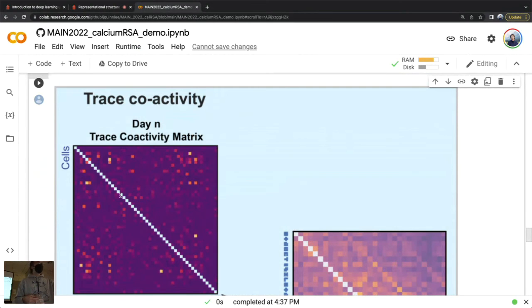So certain pairs of cells might have a very similar location or time at which they fire, and other pairs of cells would not be very related in their firing. So we could build this sort of coactivity matrix, where you have all of the cells being correlated with the activity of all other cells.